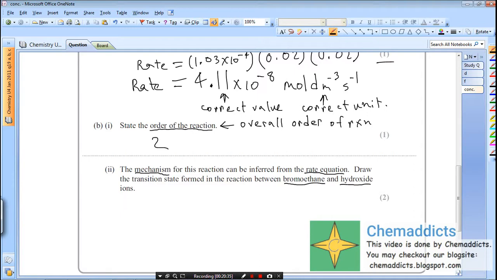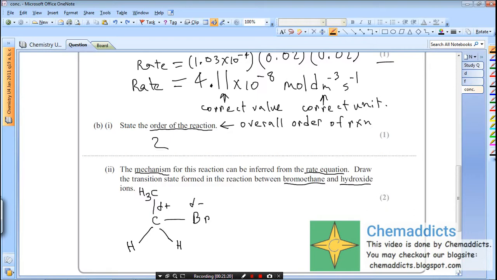Now let us write the structure for bromoethane, which is CBr, with delta minus and delta plus, then CH3, and then H and H, trigonal.